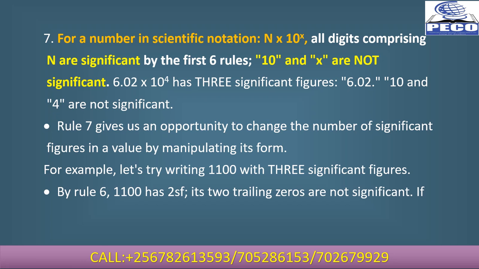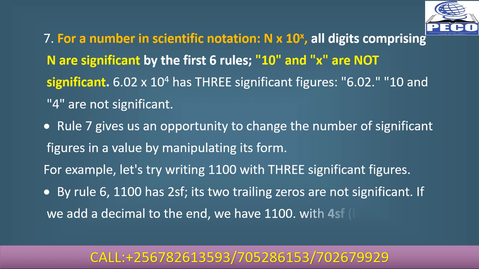So by rule number 6, its trailing zeros are not significant. So if we add a decimal at the end, we shall make it 4. Remember our rule number 5 and 6. So if we add a point here, we make this 0 significant, and that will have 4 significant figures.